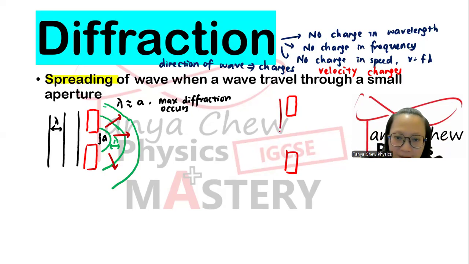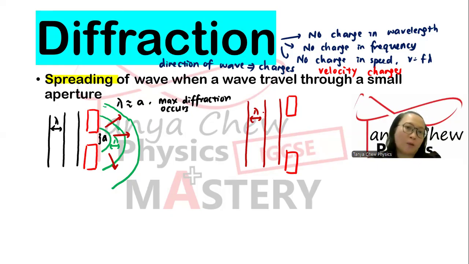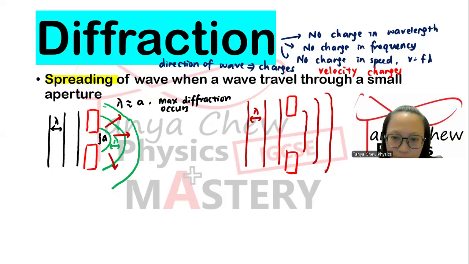When the gap is larger than the wavelength, not much spreading occurs. It will just curve at the edges. Wavelength remains constant, like this. Then draw arrows to show that the wave is being diffracted.